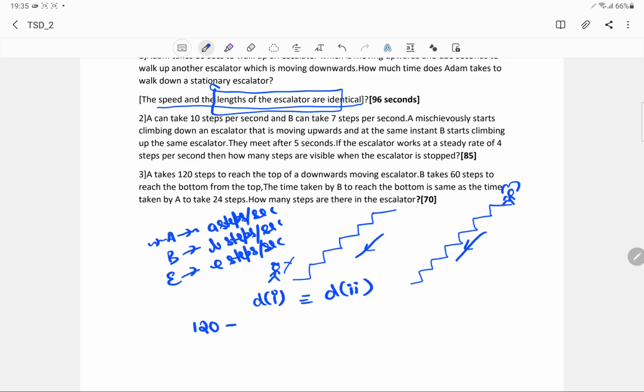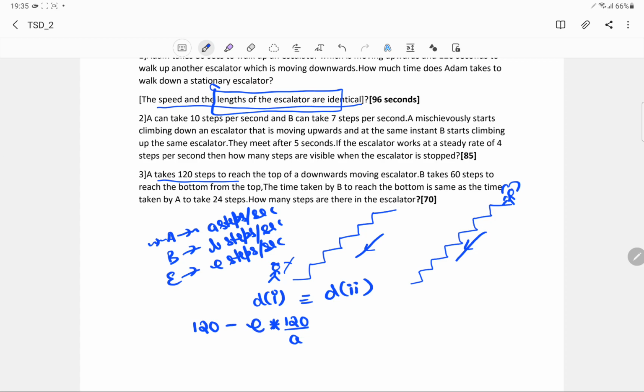Okay, so A takes 120 steps, so how much time did A take? 120 upon A. If he is taking A steps per second, then obviously he'll take this much time for 120 steps. So this was the time he took to reach the top, and for a similar time the escalator was moving.